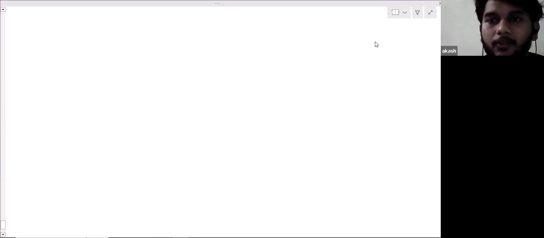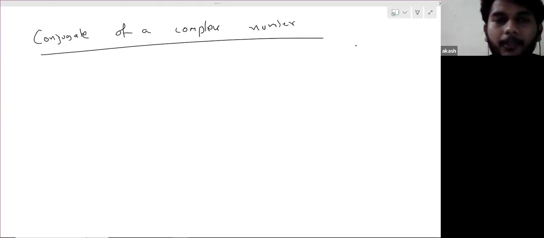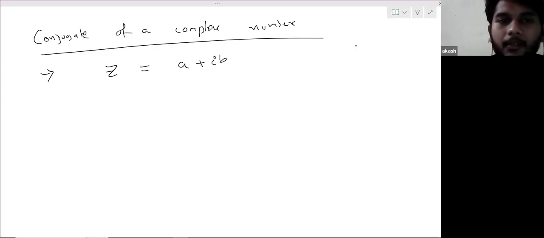Next topic we have is conjugate of a complex number. Very simple. If z is a plus ib, then conjugate is written as z bar.